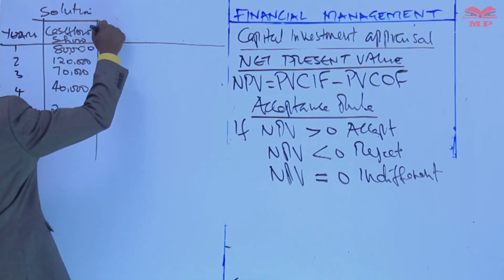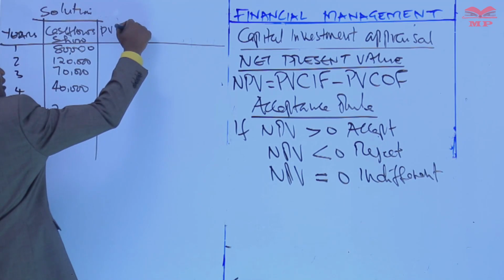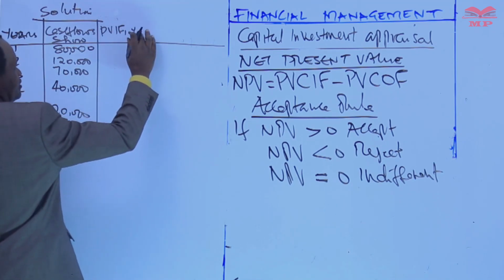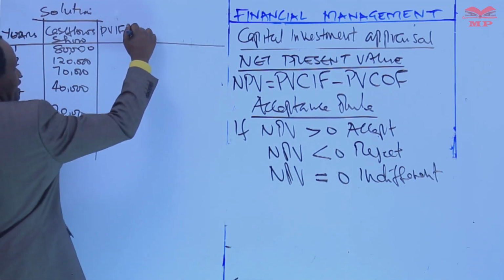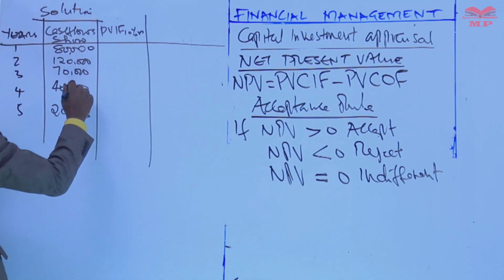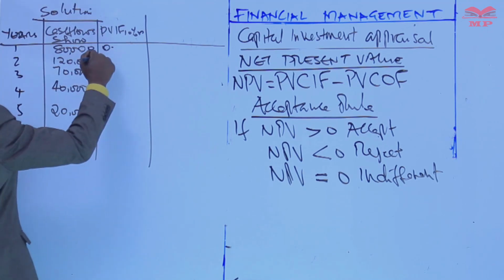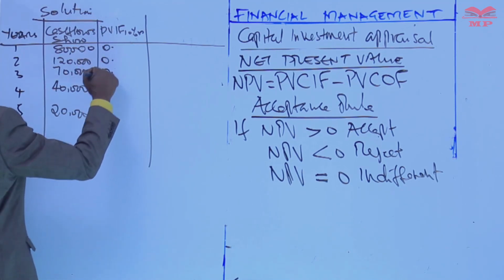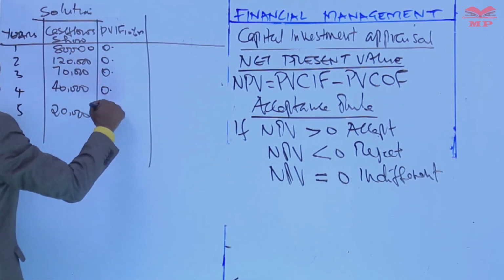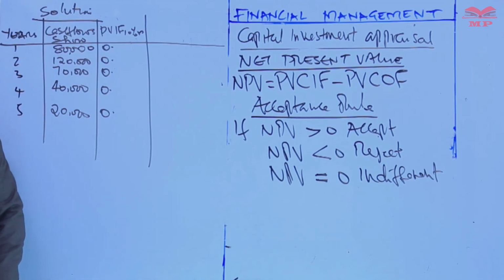Present value interest factor, 10%. So please give me the factors from the tables, for 10%, year 1.